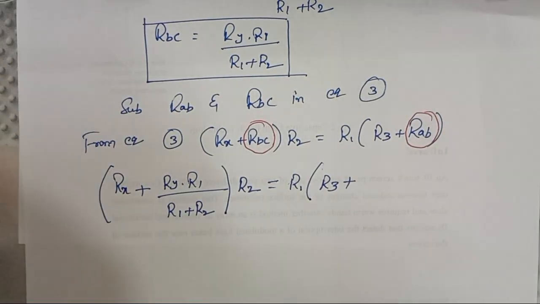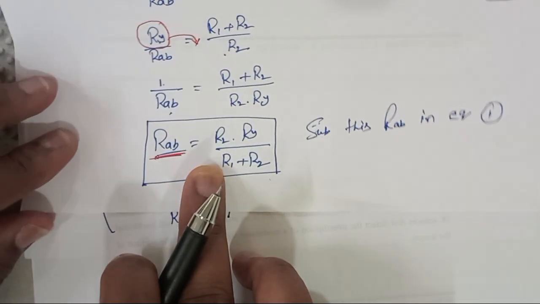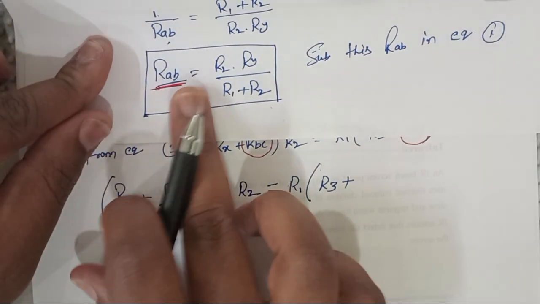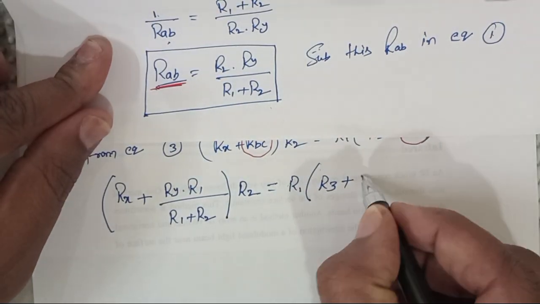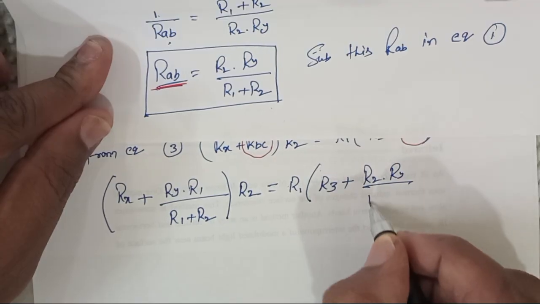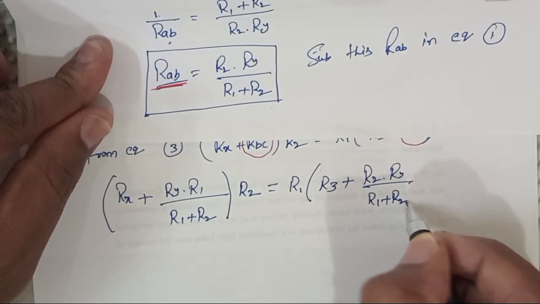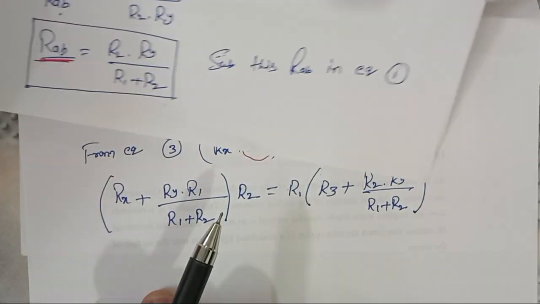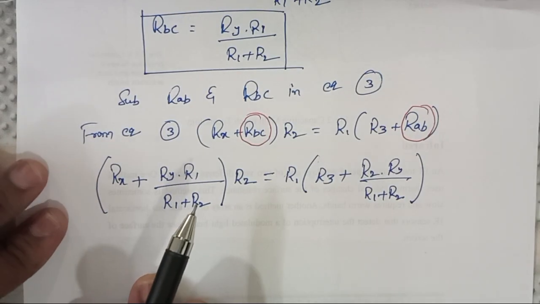RAB is nothing but this is the value. Look at here, RAB is this one, R2 into Ry by R1 plus R2. I have substituted here RAB and RBC. Now I have to simplify these two.